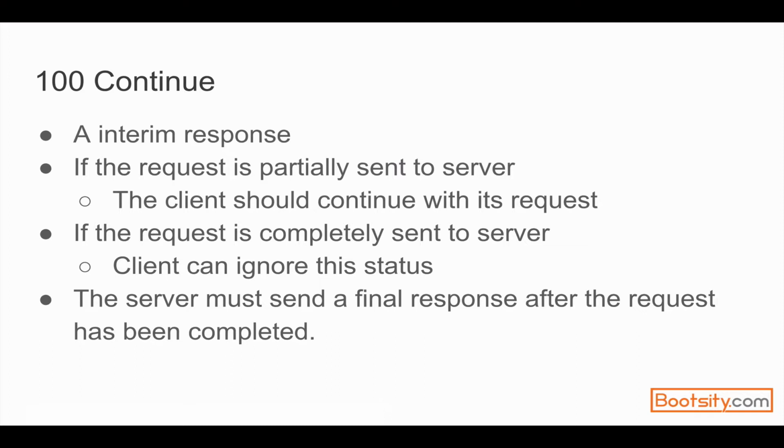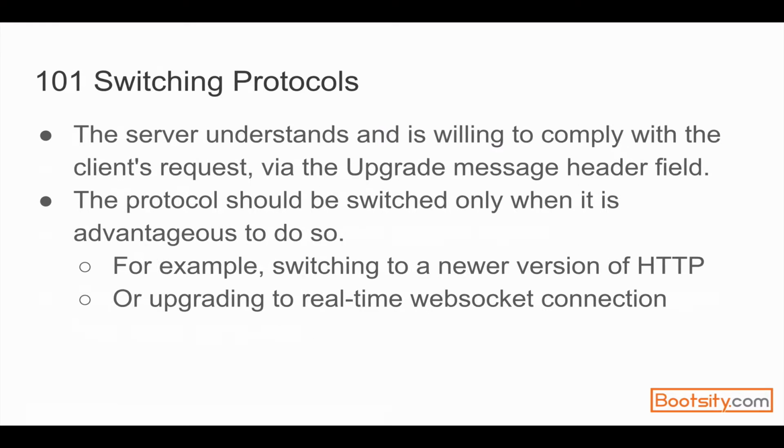Let's move to the next one, status 101. When a server sends a response as 101 switching protocols, it is essentially saying to the client that you are using a certain protocol but we may use a better version.